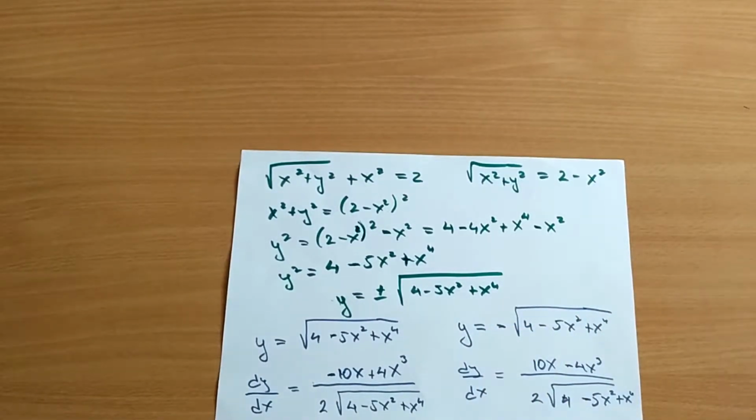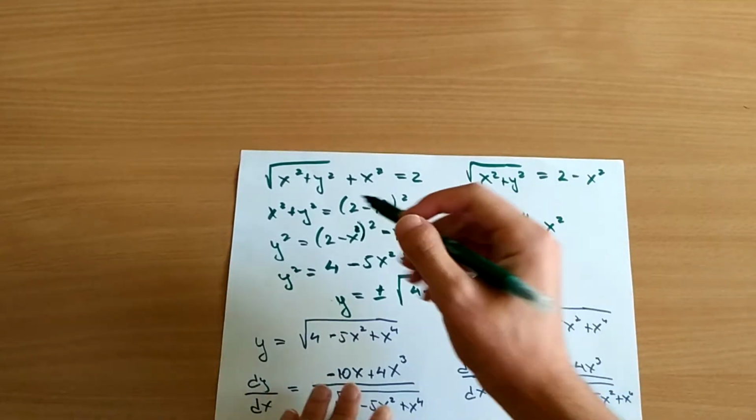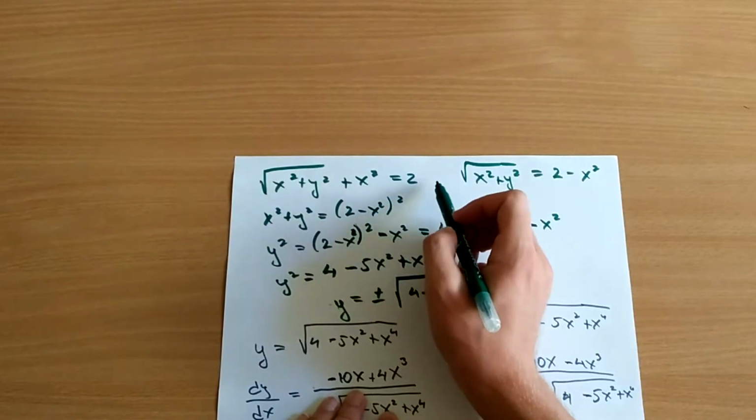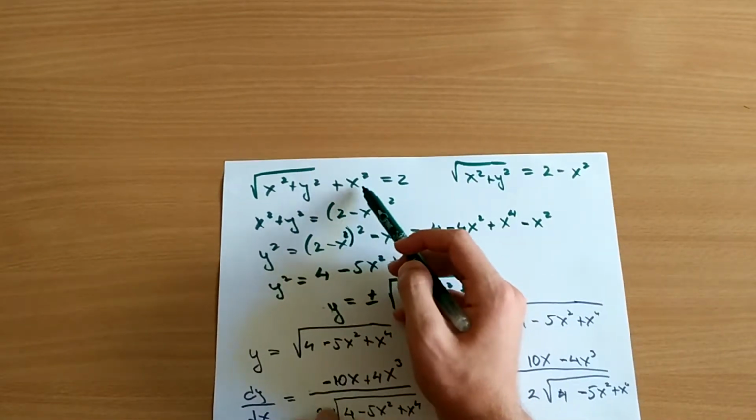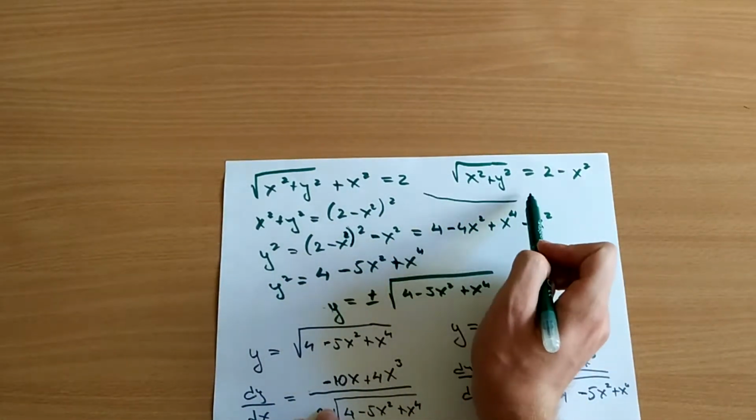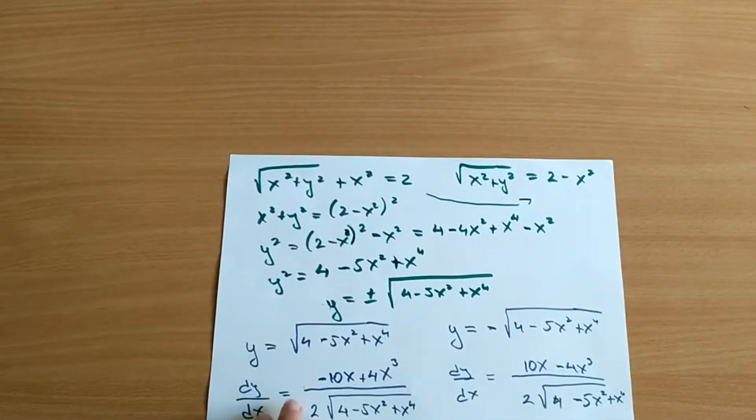We see that here is the equation: the square root of x squared plus y squared plus x squared is equal to 2. And then what I've done is I've moved the x squared to the other side of the equal sign, and then I squared both sides of the equation.